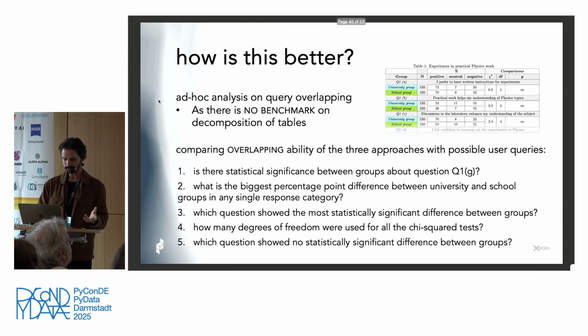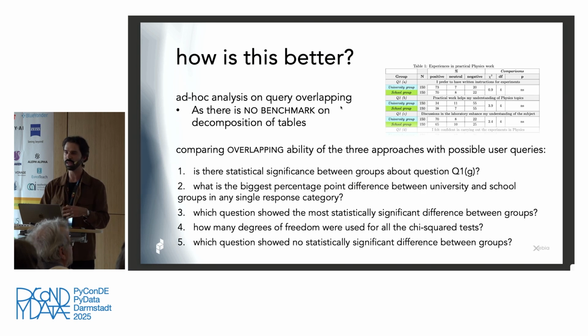So, okay, good. So how is this better than the other ones, right? So far we're just following intuition, but then allow me to show this ad hoc analysis for the lack of a benchmark on evaluating how we decompose tables. As there's no benchmark, it's an ad hoc analysis.